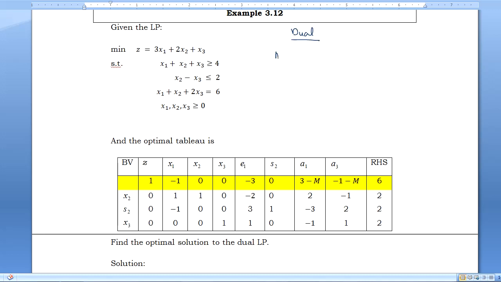We have a maximum problem: maximize 4y1 plus 2y2 plus 6y3, subject to 1y1 plus 0y2 plus 1y3, and the right hand side is 3.